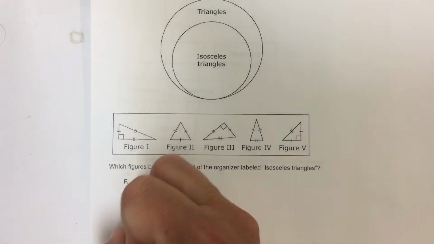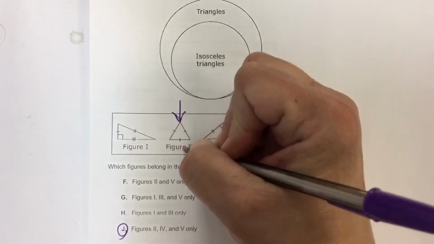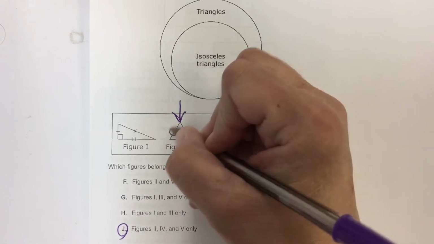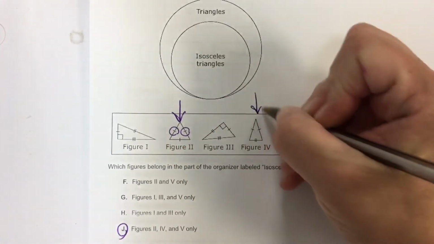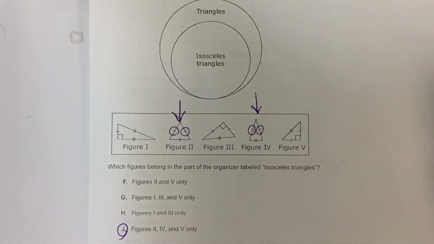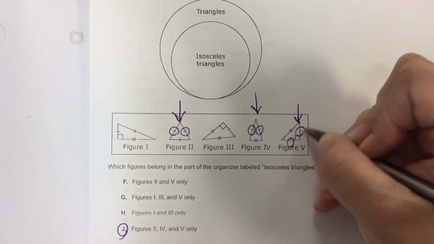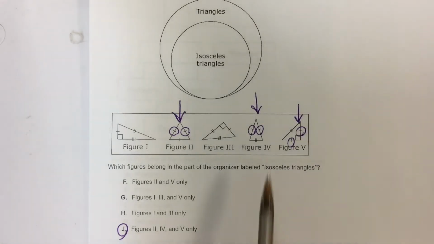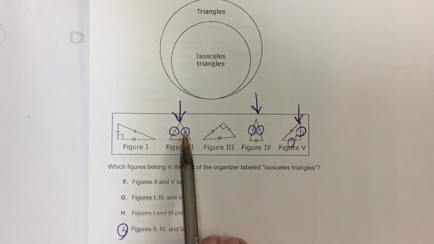All right, you should have picked J. Figure 2, it's an equilateral, which means it's also isosceles because at least 2 sides are the same. Figure 4, this one shows 2 sides that are the same. And figure 5, because this one shows 2 sides the same. So it's isosceles. Equilateral is also isosceles.